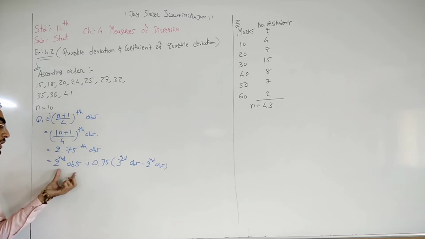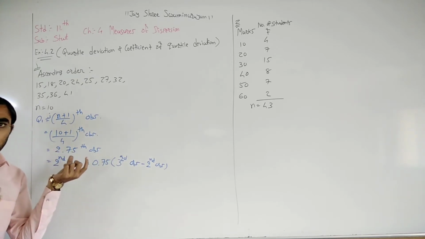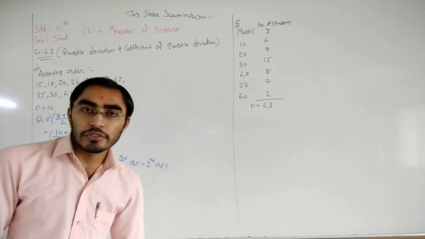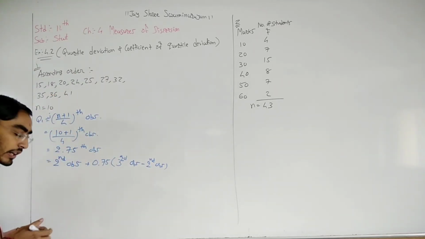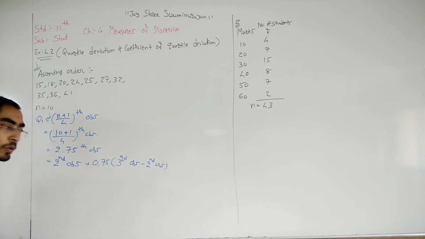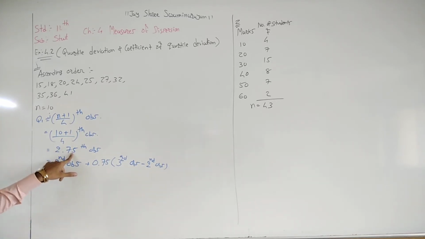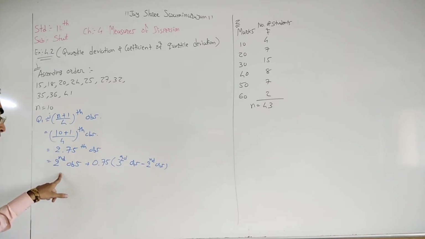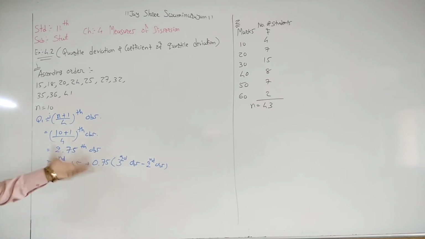Second observation plus 0.75 times third observation minus second observation. Okay, so if here we get the decimal number, we need to convert that number into 2 parts, fractional and integer part. So first of all, integer part 2 plus 0.75, right? So second observation plus 0.75 times third minus second. We have already used this method in our chapter number 3.